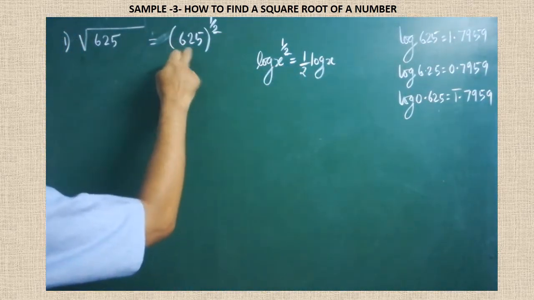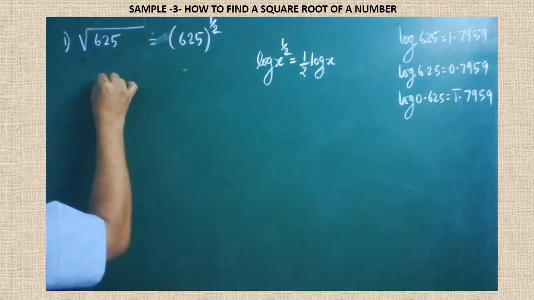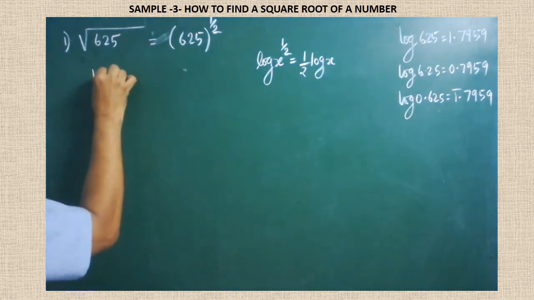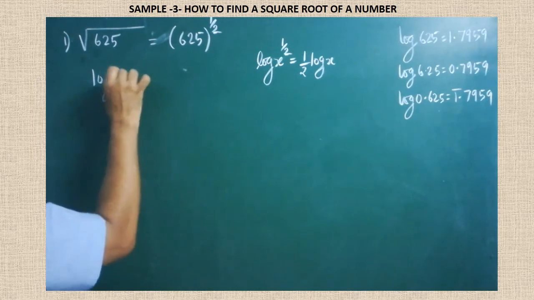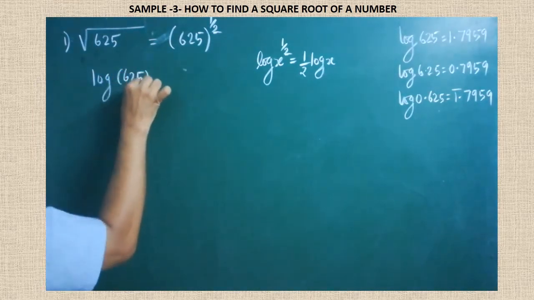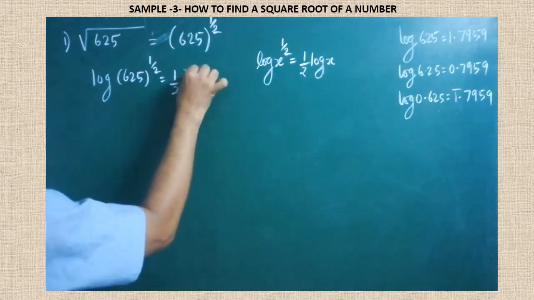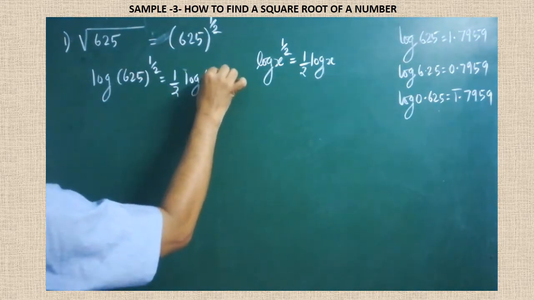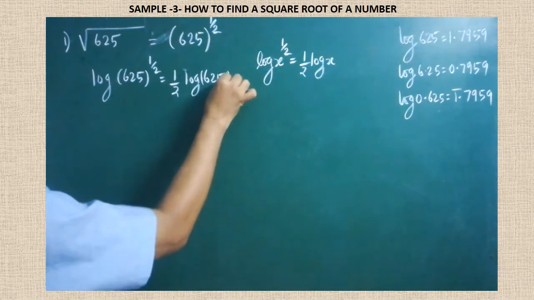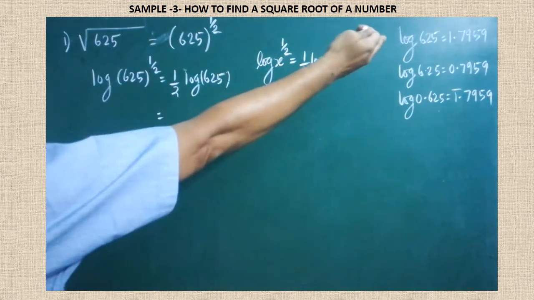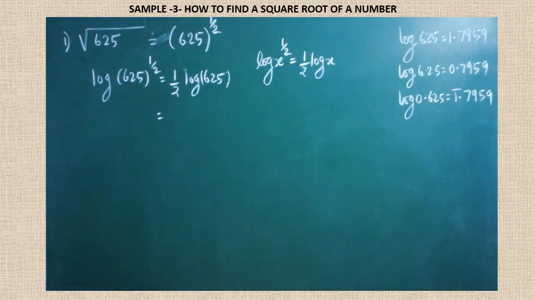In the same manner we have to write this number also. How will you write? Log of 625 to the power of half can be written as half log of 625. Are you clear? Now I have already found the value of log of 625 from the table.